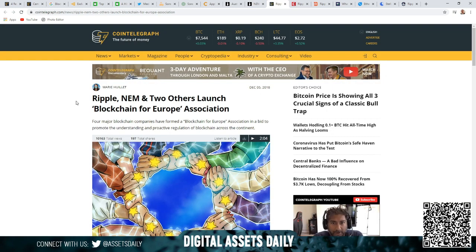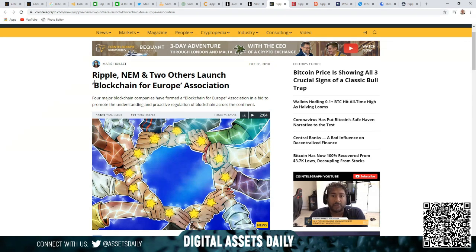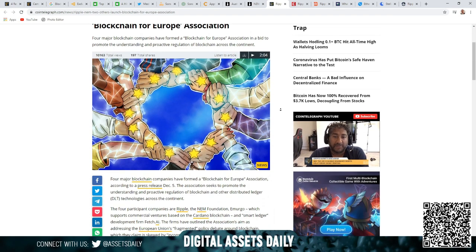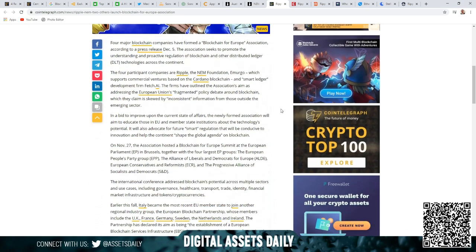So here we move over, we see the partnership. Ripple, NEM, and two others launch blockchain for Europe Association. And as we scroll down into this, we see the four participant companies are Ripple, the NEM Foundation, Emergo, which also supports commercial ventures based on the Cardano blockchain.